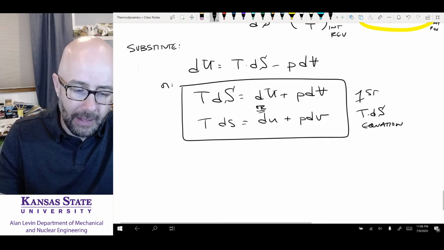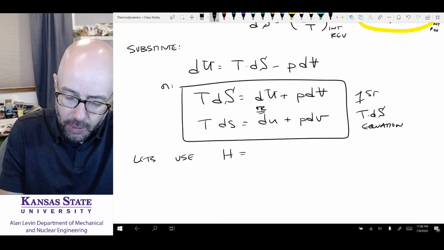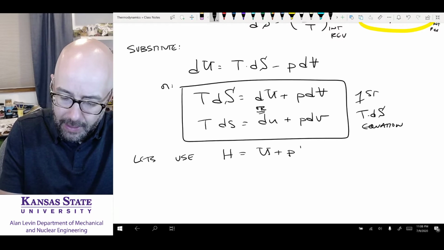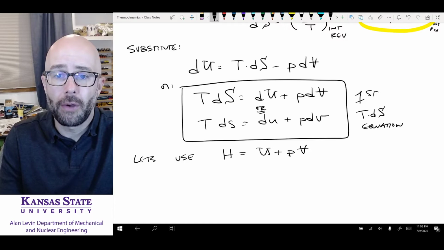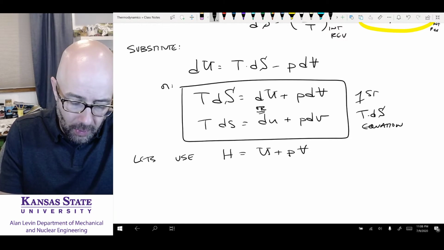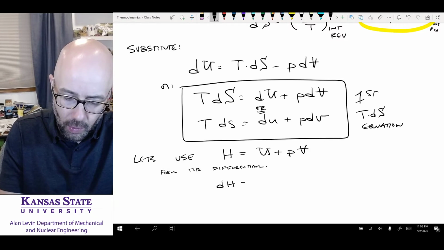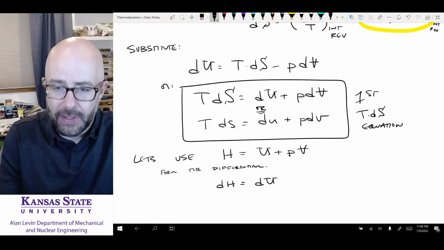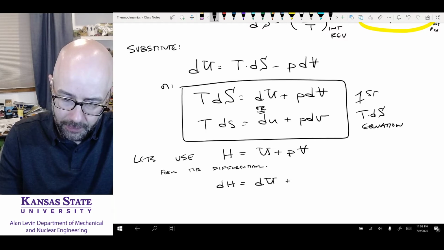Okay, now let's use that enthalpy is equal to U plus PV. This is a definition: enthalpy is equal to internal energy plus pressure times volume. All right, so we can form the differential. dH is equal to dU, plus, now if we differentiate PV, we're going to use the chain rule, the differential of PV.